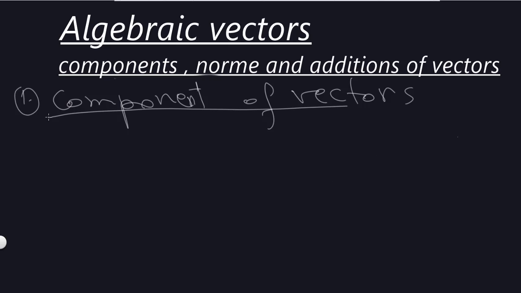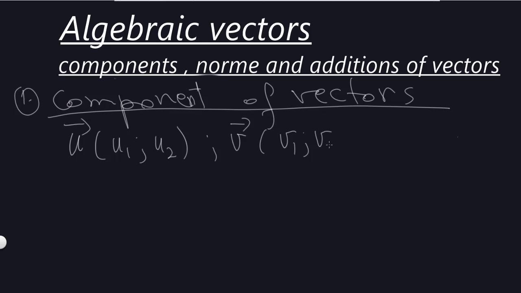Now, what will be the component of vectors? Very simple. If you have a vector u with coordinates u1 and u2, and you have the vector v, where you have v1 and v2, the component of a vector will be written like this, u v, with one line over it, which means that will give you one vector.